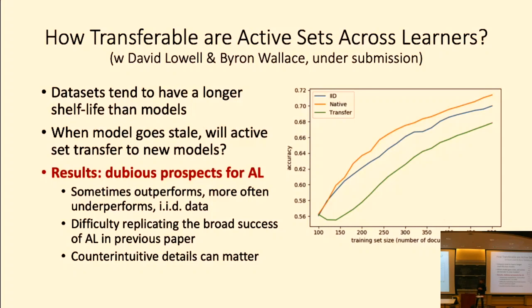And so one question that we started asking, which emerged from a conversation that Byron and I had at MLHC, was: if the data set's coupled to the model, and the data's got a longer shelf life than the model, what happens if I use a certain model, we'll call it the acquisition model, to collect the data?